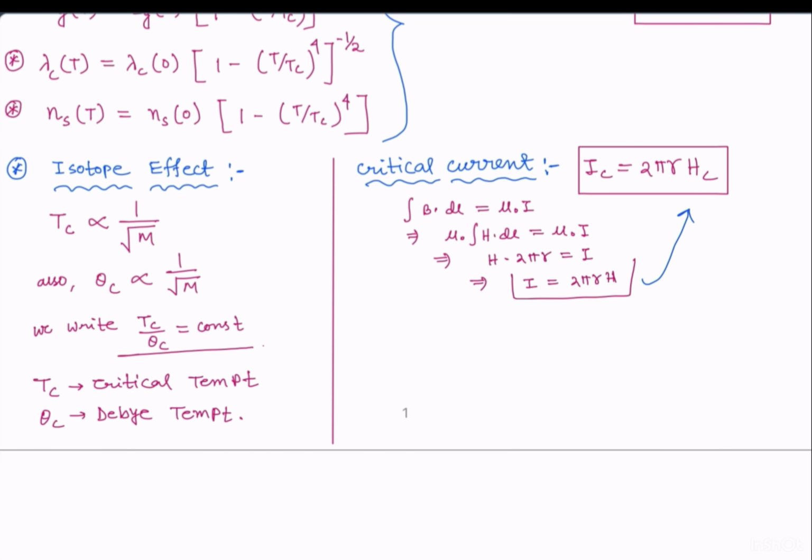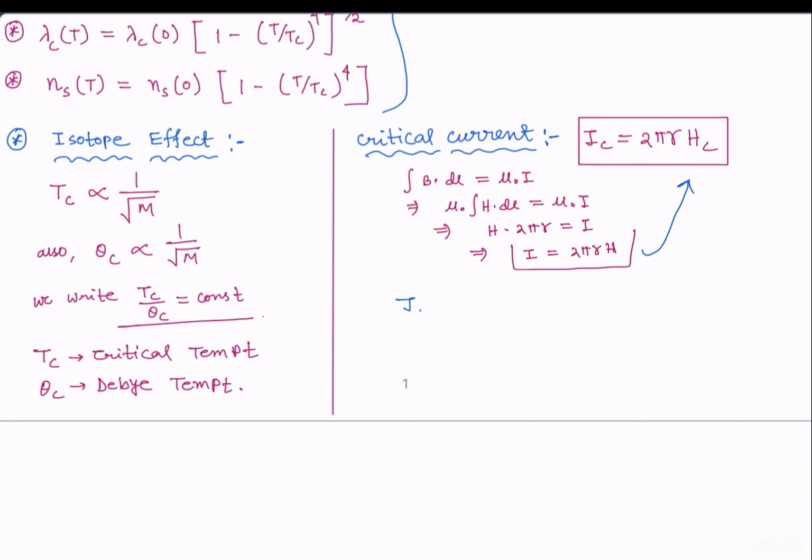So remember this. The current density equals Ic by area, which means 2 pi r Hc by the area of the wire, pi r square, which means 2 Hc by r.